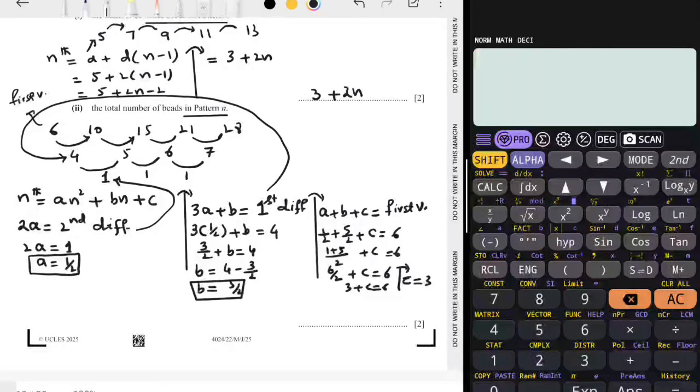Lastly, the equation would be 1 by 2 n square, it's better to write n square, not a square, plus 5 over 2 n plus 3. This would be the answer of this part.